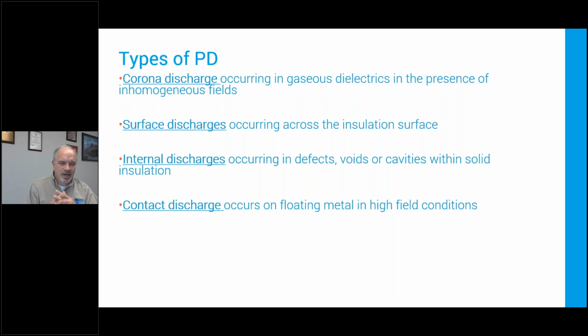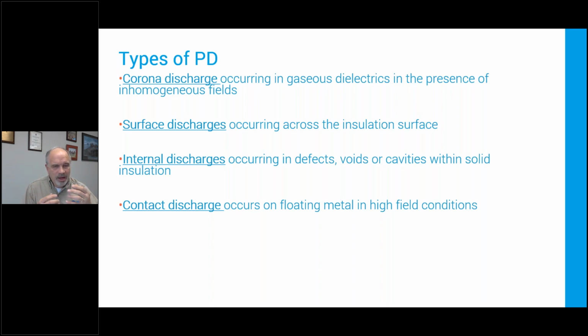Contact discharge is another kind of side version where you've got floating metal, or too short a gap in an air insulation, and you get discharge from the conductor to another piece of metal. It's sometimes called contact discharge, sometimes called floating metal discharge, and it causes a very high signal for you to detect.